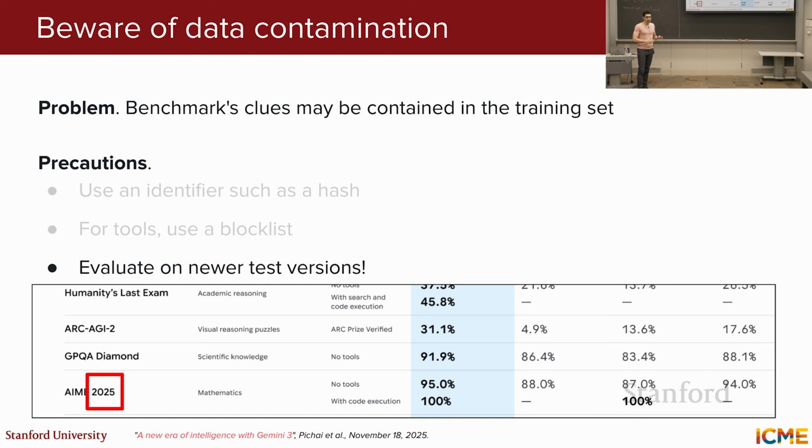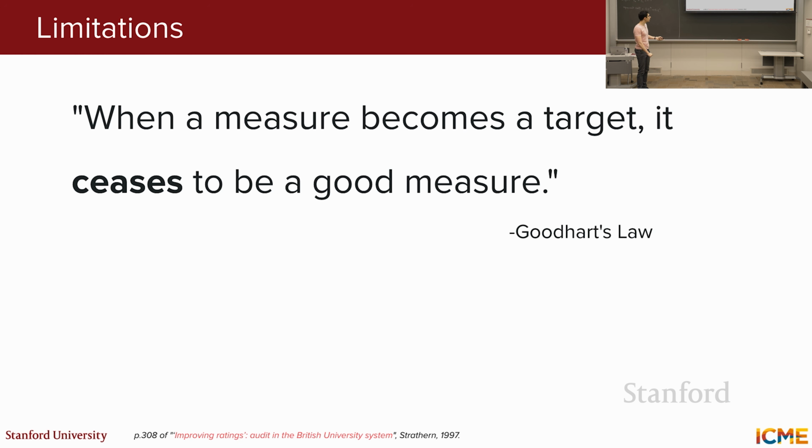Or in the case of math, we have the luxury of evaluating on new tests that the model has for sure not seen. And Goodhart's law is a very good adage that says when a measure becomes a target, it ceases to be a good measure.